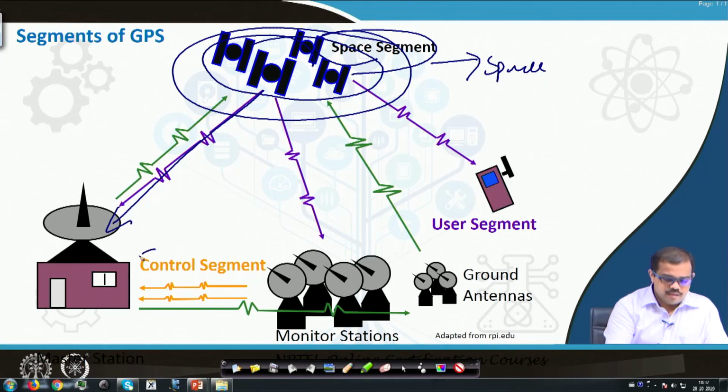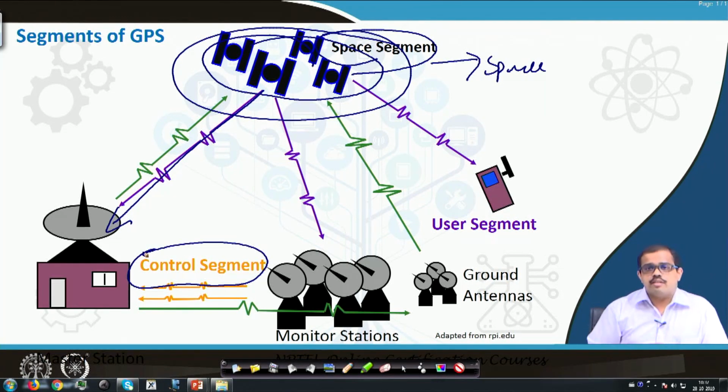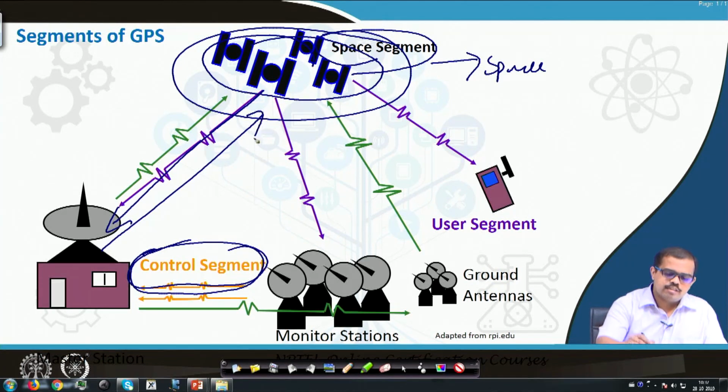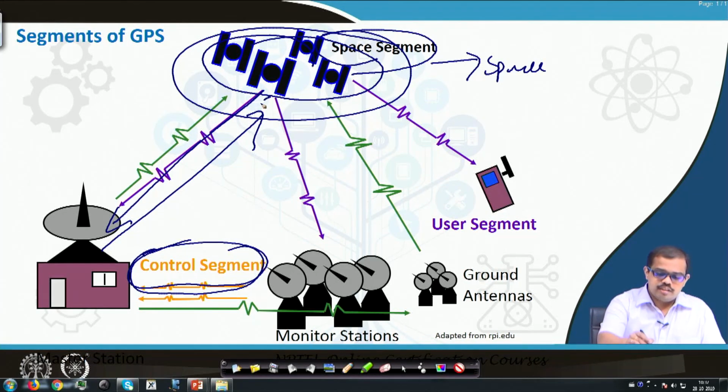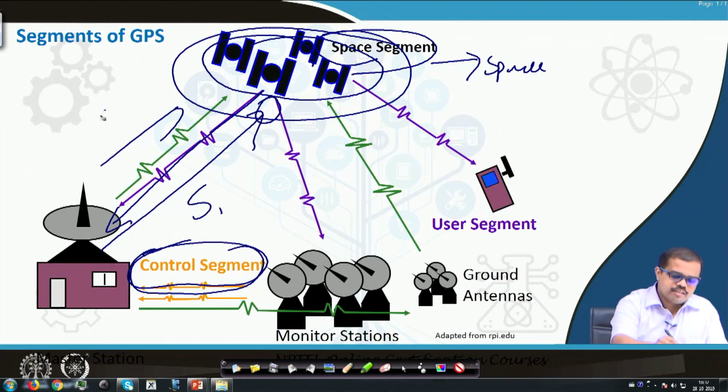The control segment is on the Earth's surface in order to correct the errors present in the signal that the space segment is sending, or to look at various other correction issues that may have happened, and to control the entire space segment. Once the correction is made, it sends the signals back to the space segment. Let us say the original signal is S and the corrected signal sent back is SC.